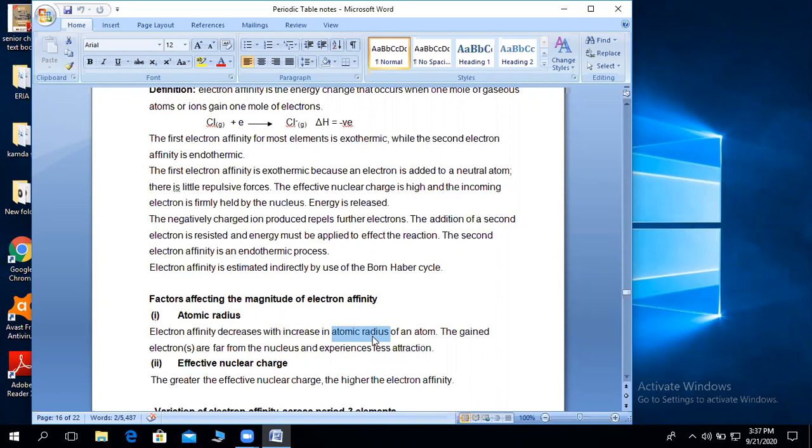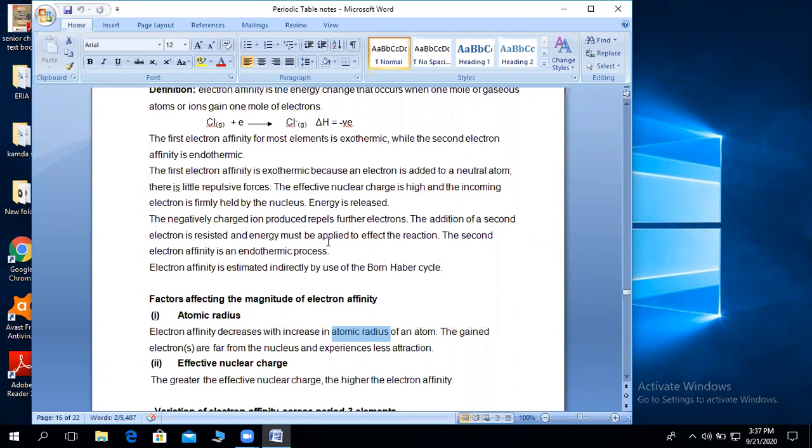Remember, the incoming electron is added to the outermost energy level first. So when the atomic radius increases, that electron experiences little nuclear attraction. And what do we mean by nuclear attraction for electrons?